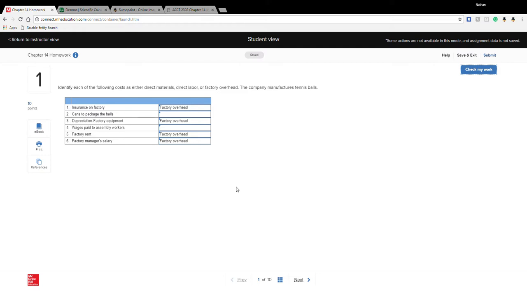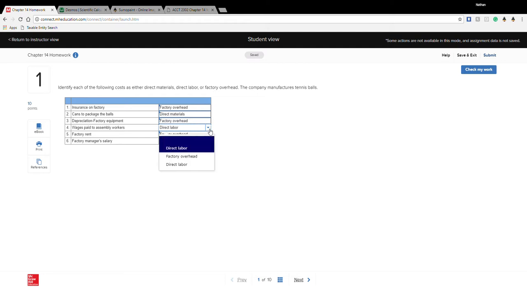Since the can itself is part of the packaging, and that has to be part of the product, that is a direct material. Then wages paid to assembly workers: assembly itself says that they work with the product. The only one that has any kind of labor or employees is direct labor.